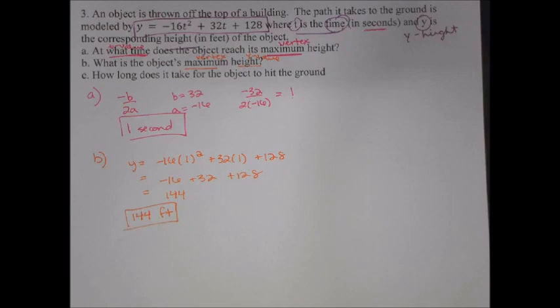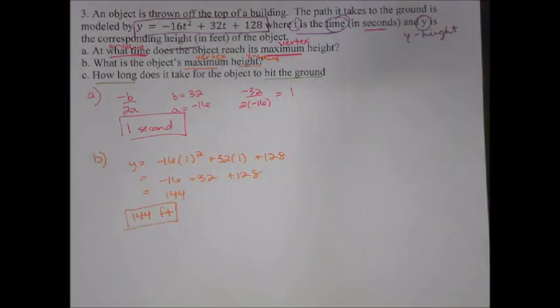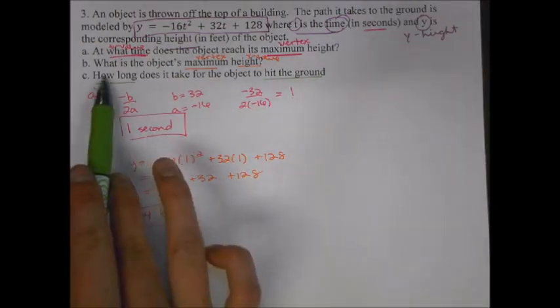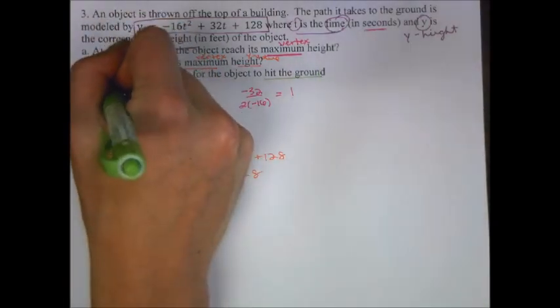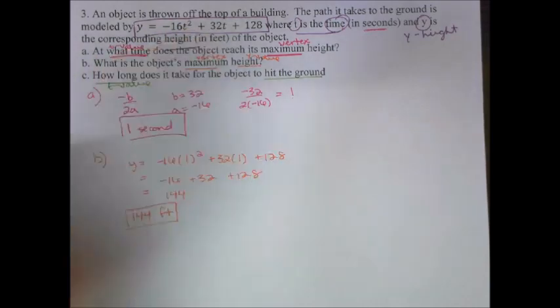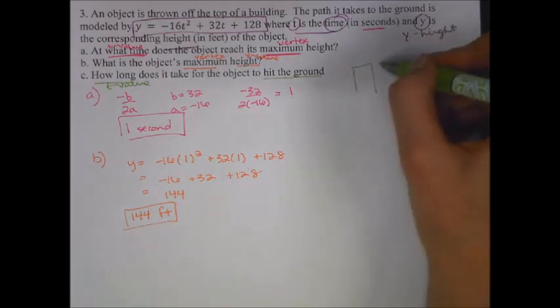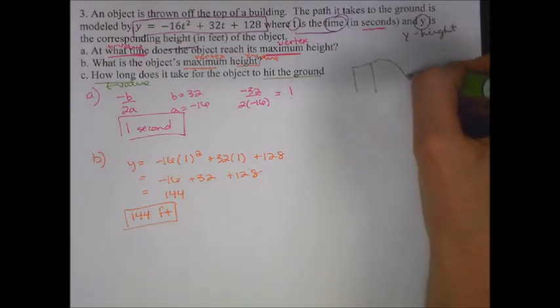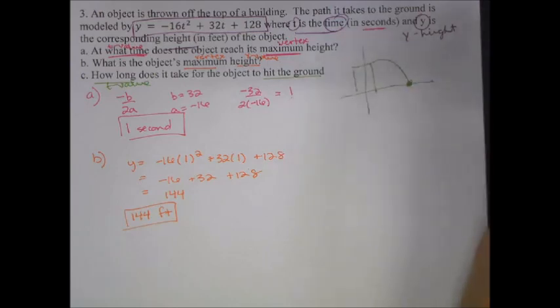Let's look at part C. How long does it take for the object to hit the ground? When I'm looking for how long something is, that's saying I want time. So my answer is a t value. When I hit the ground, so here's my building. Let's go ahead and picture it. Here's my building. My object is thrown. When does it hit the ground?